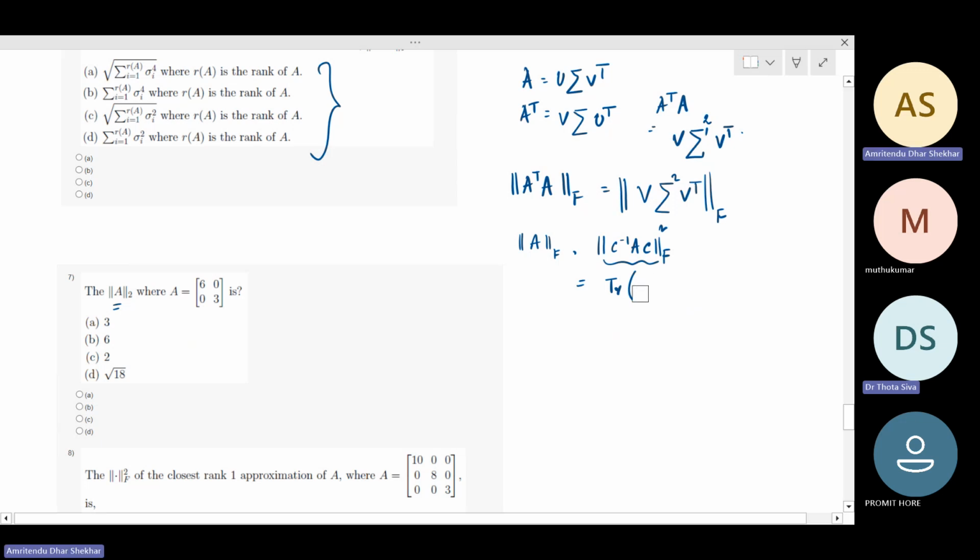Sorry, there's a transpose over here, so that is the trace of C A squared C transpose, which is equal to the trace of A squared.